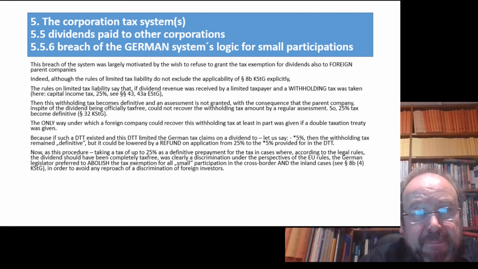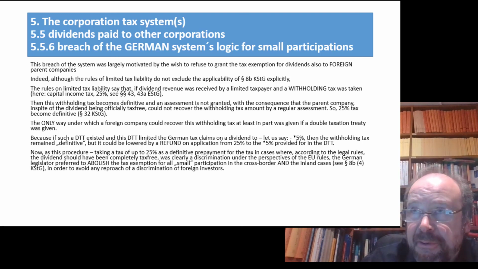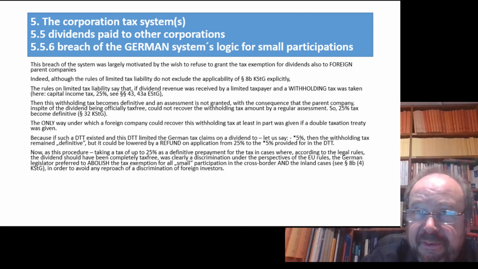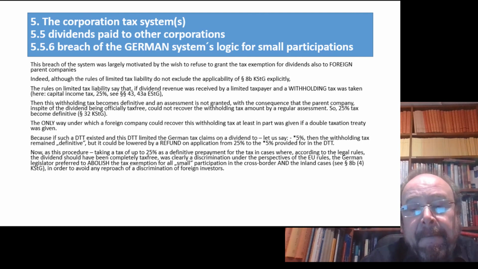Usually we grant a participation exemption only to major parent companies with a major shareholding abroad, and not to foreign investment corporations which hold a low participation. And if we want to continue that because we like the money, there is only one possibility. We also abolish the tax exemption for small participations within Germany. And that is the reason for the existence of that 8b4 KStG.